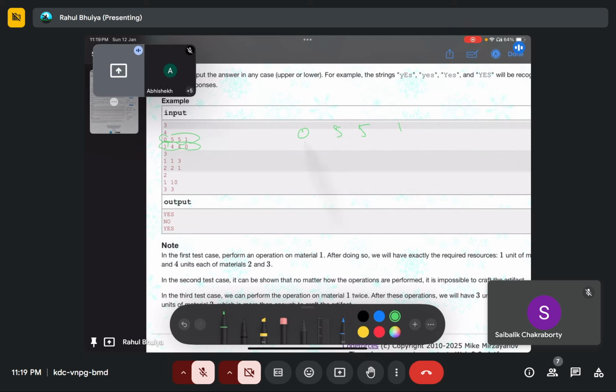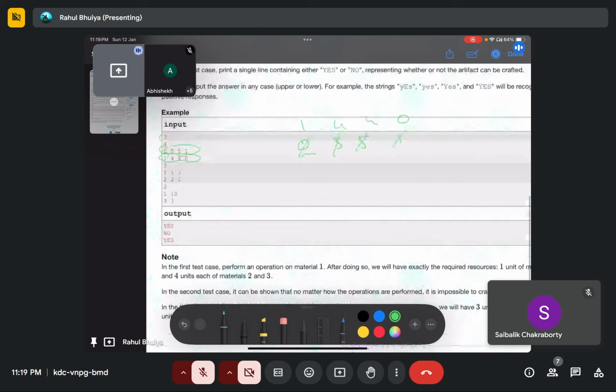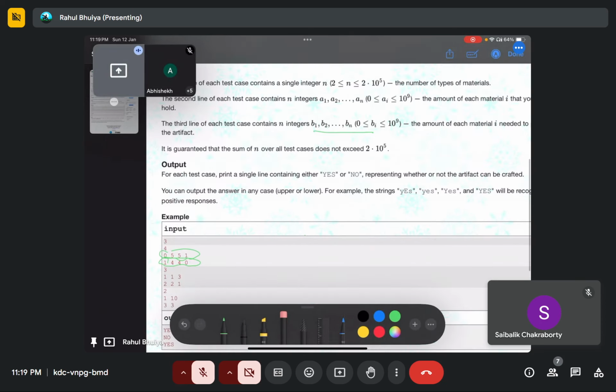If there is a zero element, I can do -1, -1, -1, 4, 4, 0, so this can become 1. So it will increase, all the other indexes will decrease by 1, and only that certain index will increase by 1. If you understood this, I will move on to what is asked.